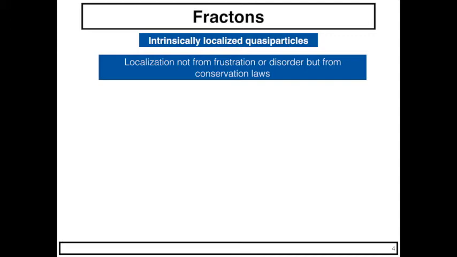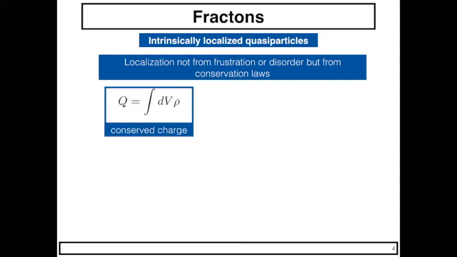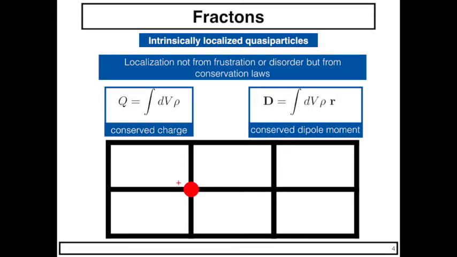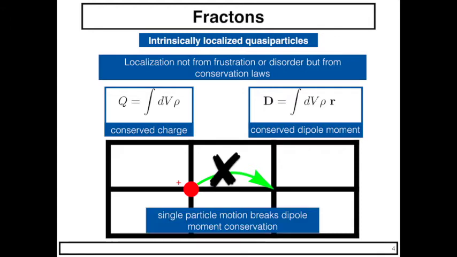So, for example, we could imagine some particles with a conserved charge, which is not so unusual, but then we could imagine further imposing that the total dipole moment of those charges has to be conserved too. If that was the case, and we tried to move a single isolated charge by itself, we would find that we can't, because that would break the dipole moment conservation law.